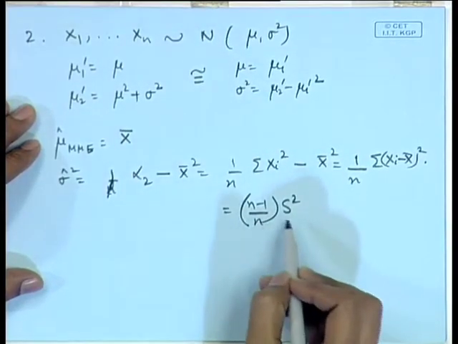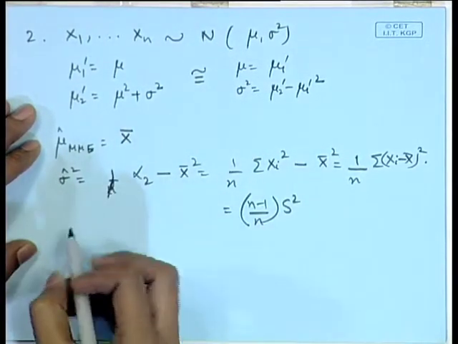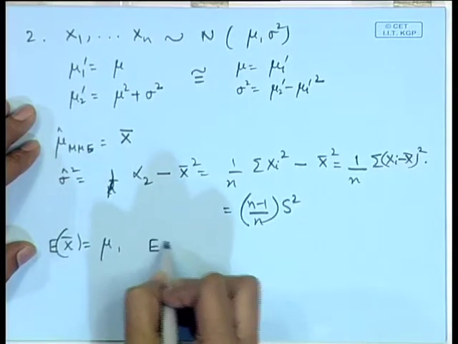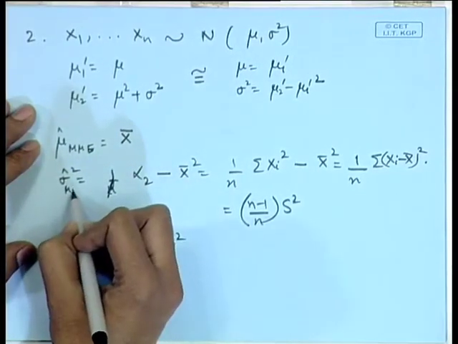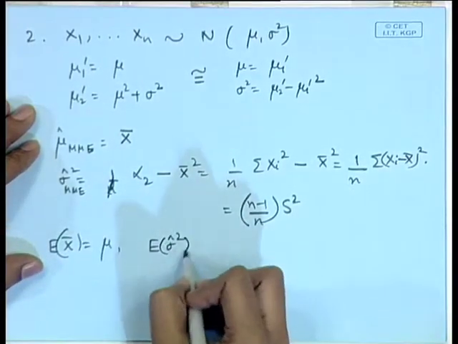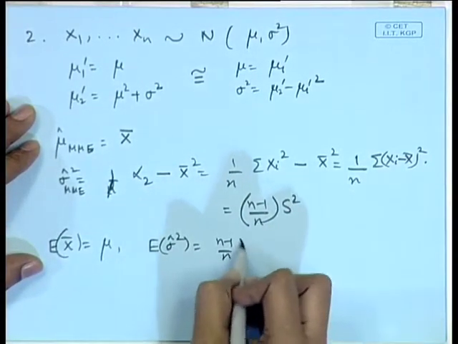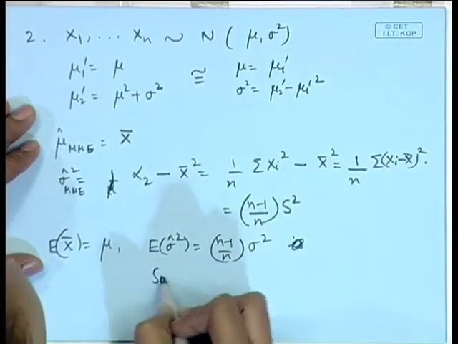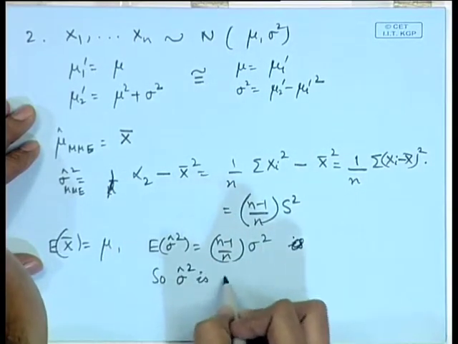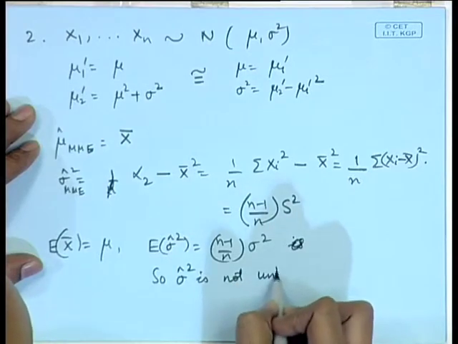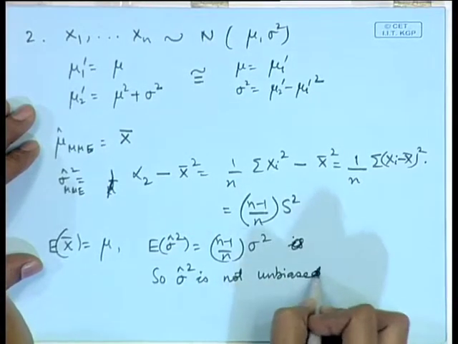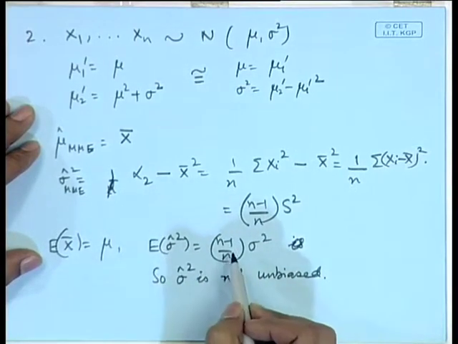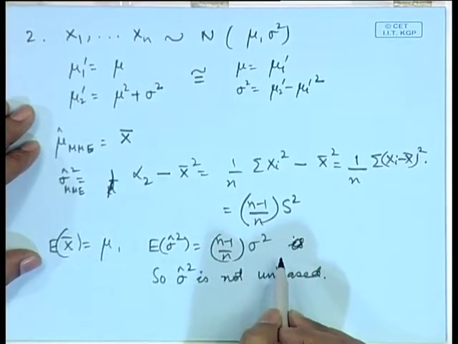So, it is not s square. In fact, you can see expectation of x bar is mu, but expectation of sigma hat square is n minus 1 by n sigma square. So, sigma hat square is not unbiased. Already I have proved that x bar as well as sigma hat square are consistent.